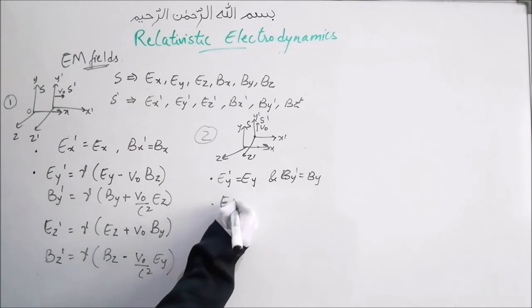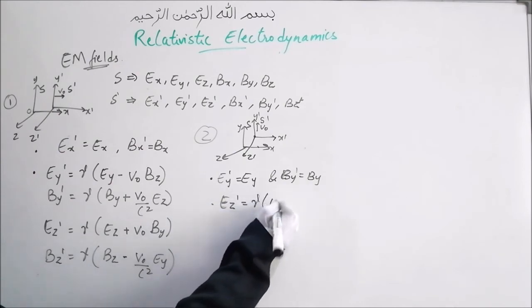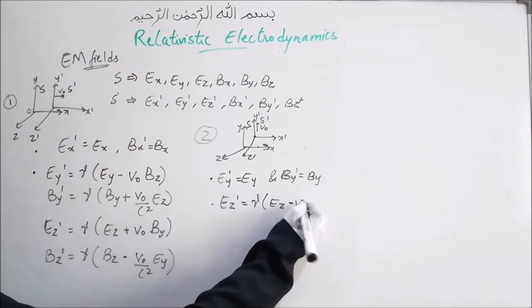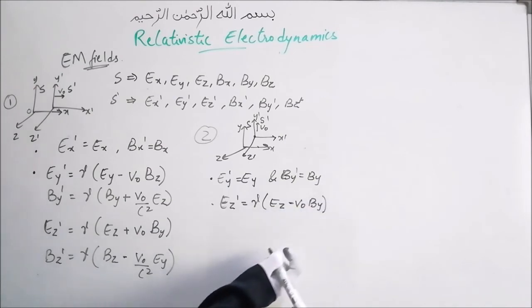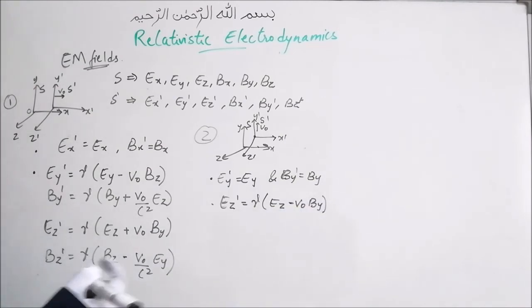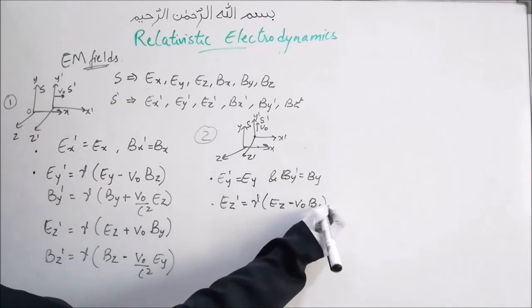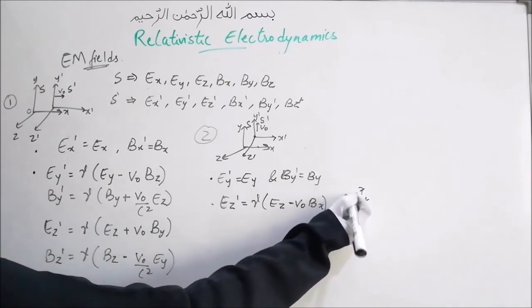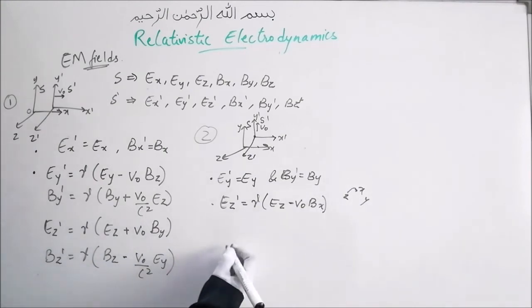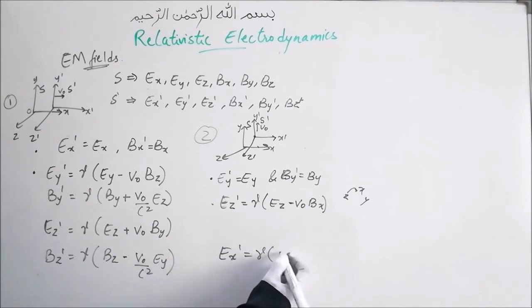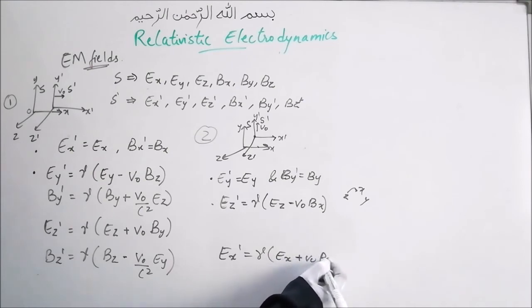Then we will have Ez dash equal to gamma Ez minus V naught Bx, because this is X, Y and Z. After Z we will get X. And then we will have Ex dash equal to gamma Ex plus V naught Bz.